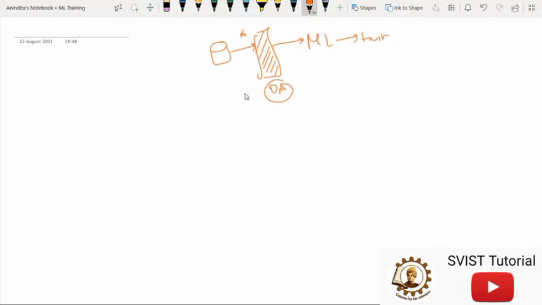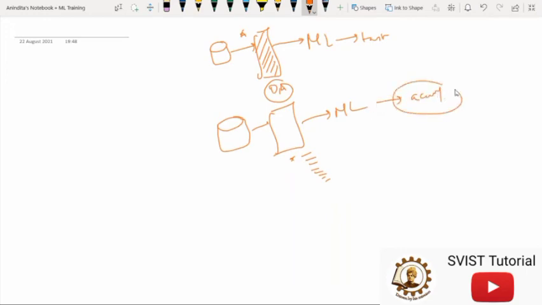So always a researcher will pick some data. After analyzing those data, we will find lots of problems. Then we will try to apply a machine learning algorithm, and then we will compute the accuracy. After getting a very low accuracy, we will come back to this algorithm, and then we will try to find out some new strategies on top of this machine learning algorithm, so that each time my accuracy keeps on increasing.